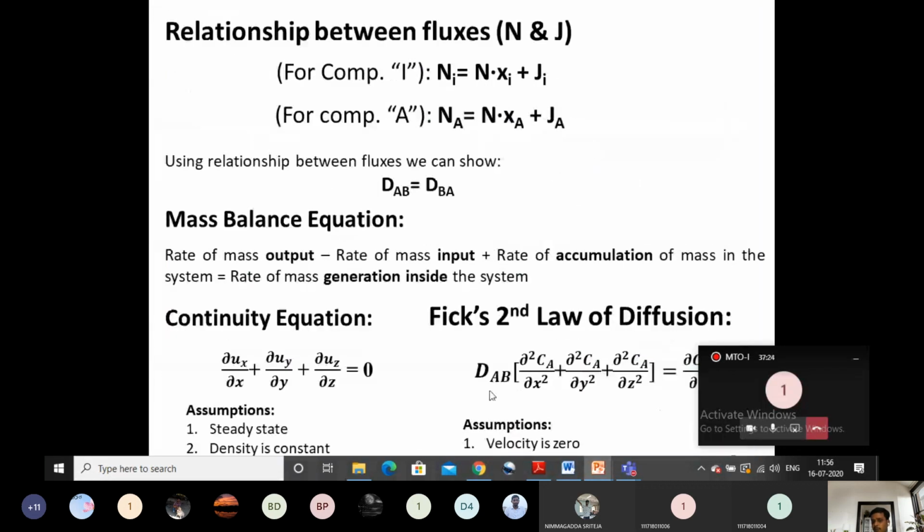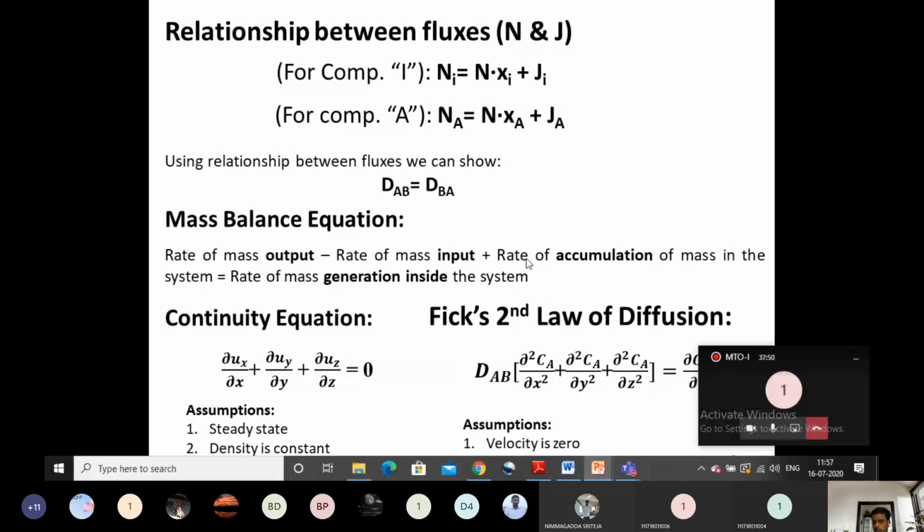Whereas Fick's second law of diffusion is the law which governs the unsteady state. Unsteady state means dependent on time, whereas steady state means independent of time. When a particular variable is not a function of time, it is called steady state. When that variable is a function of time, that is called unsteady state condition. So Fick's second law of diffusion is applicable only to unsteady state systems.